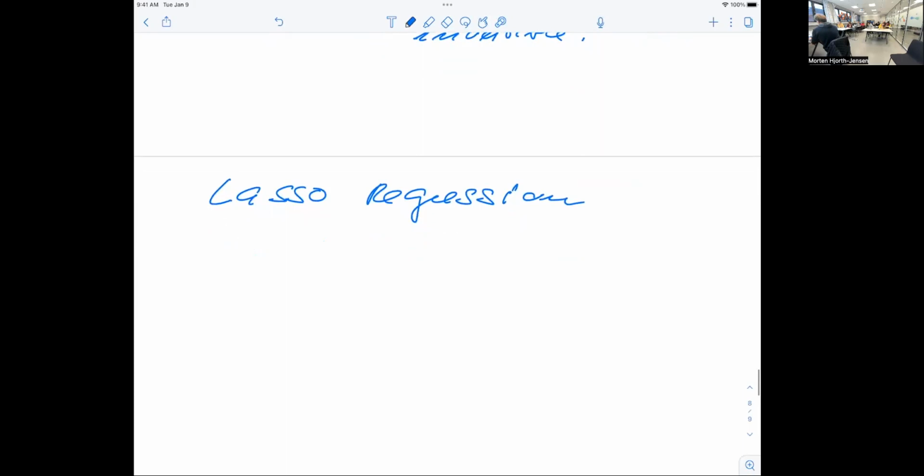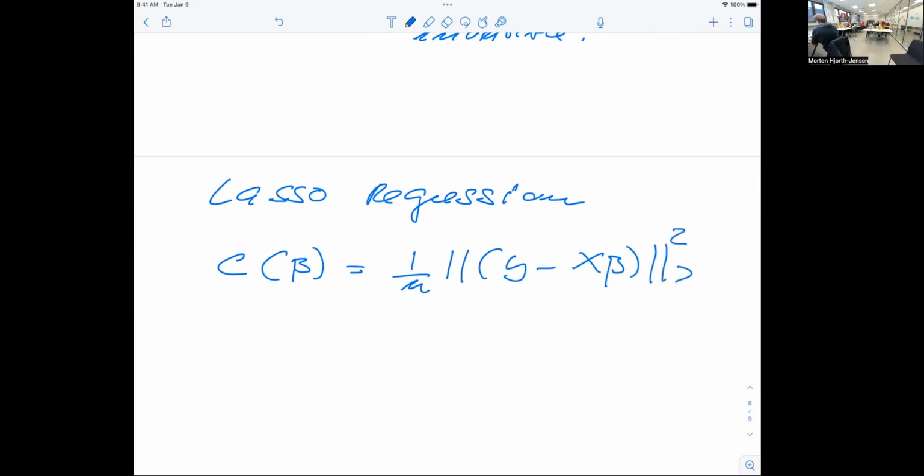So in Lasso regression, the cost function contains the mean square error, the standard definition we have seen, y minus x beta. But then the hyperparameter lambda is multiplied with the norm 1 of the vector.